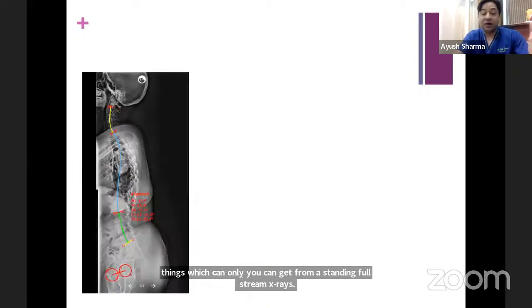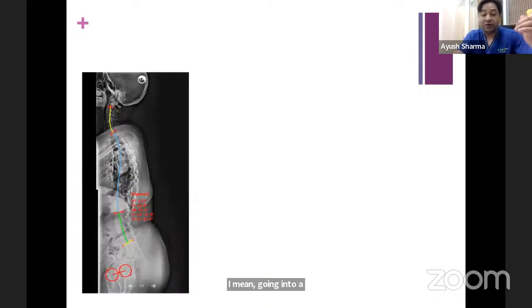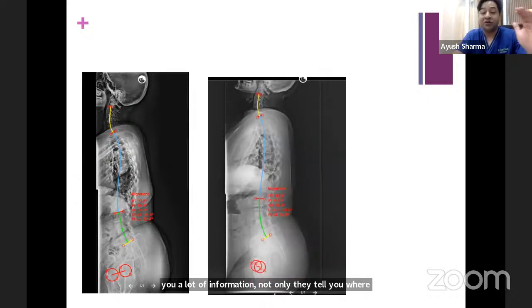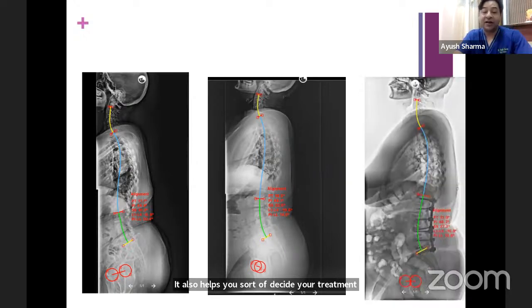If you go further into it, they tell you a lot of information. Not only do they tell you where the pathology and the problem are coming from, they also help you decide your treatment, how much correction you want to get out of each level, and how to go about it.